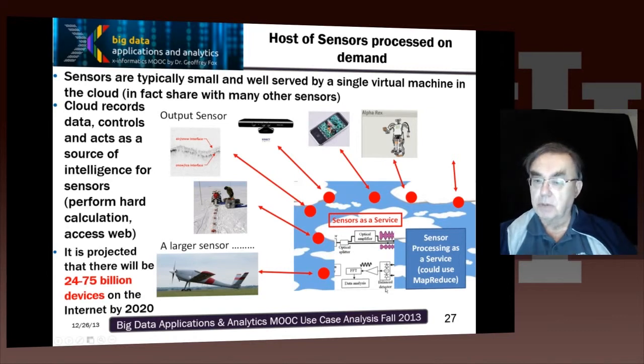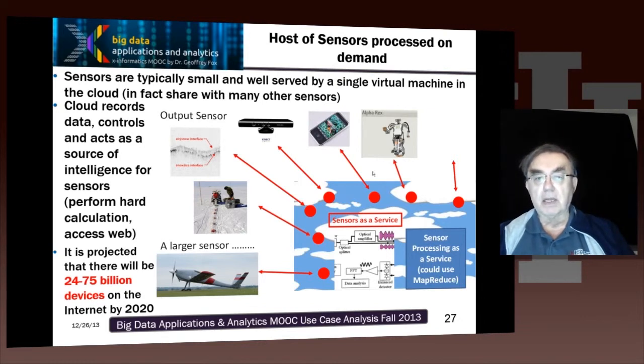And you could use MapReduce here to do the processing of all possible sensors. You won't do a Lego robot, a smartphone, and Kinect all at the same time, but you would do groups of them and integrate them and fuse them and all sorts of things.